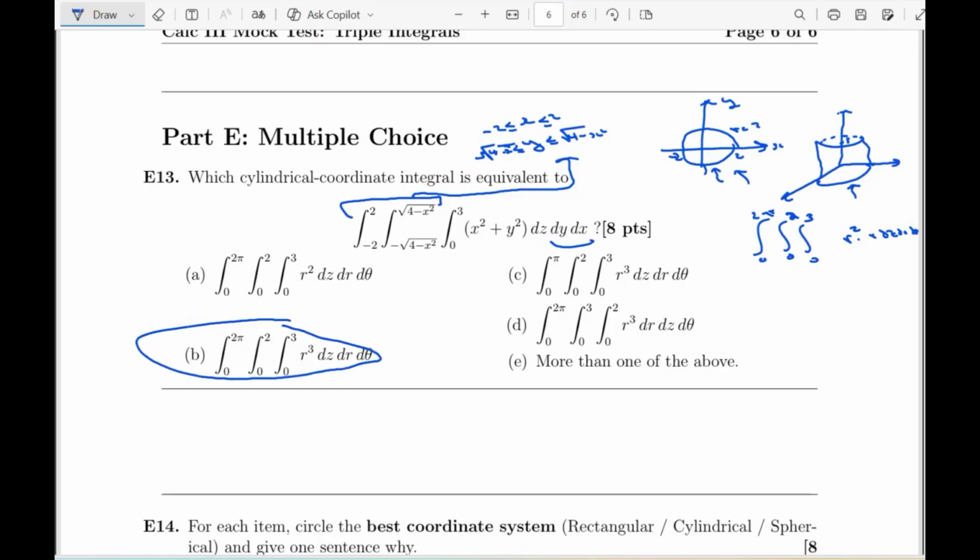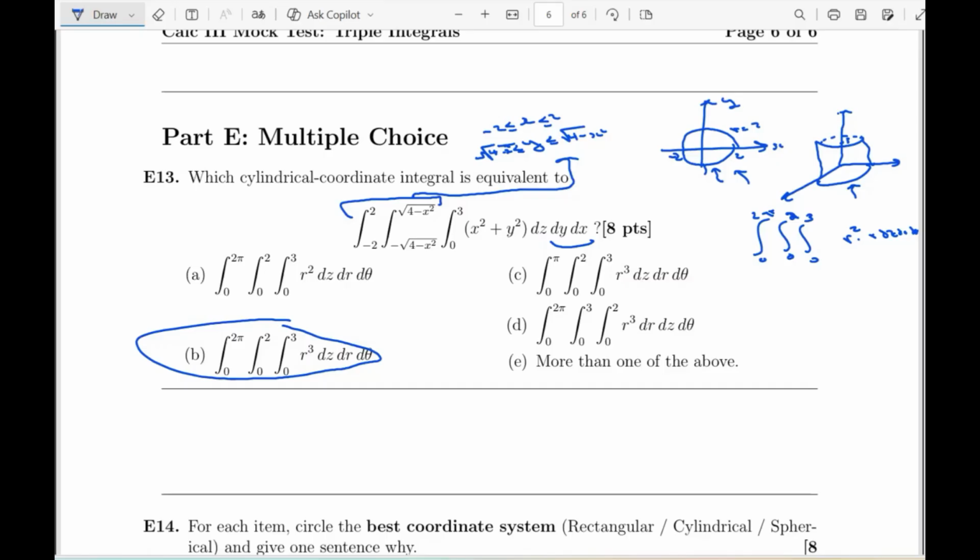The reason is that there's an important theorem that you must have learned in Calc 3, which is Fubini's theorem. Fubini tells you that if you're integrating over a rectangular region, you can interchange the order of integration without changing the value of the integral. In other words, you can integrate in whatever order you wish, under some basic conditions.